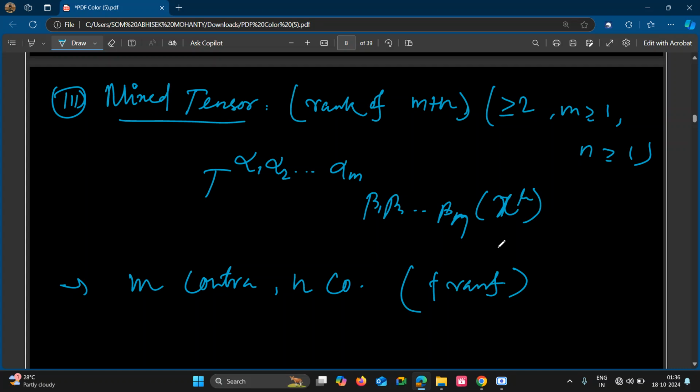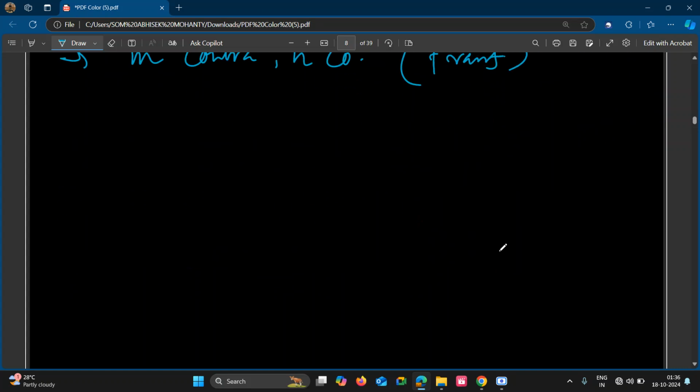So let's see how it is being transformed. Suppose I write T dash with mu 1, mu 2, up to mu m, and the lower part nu 1, nu 2, up to nu n.